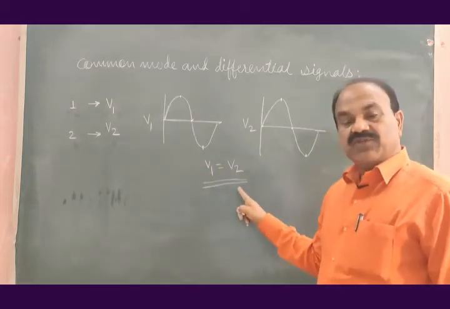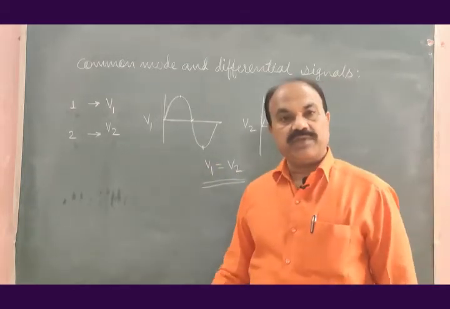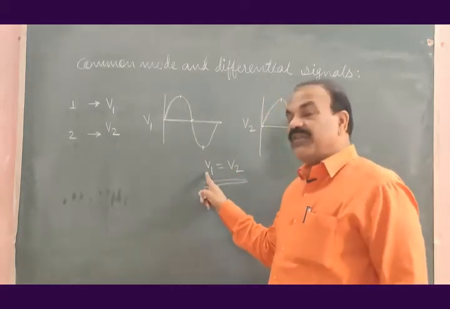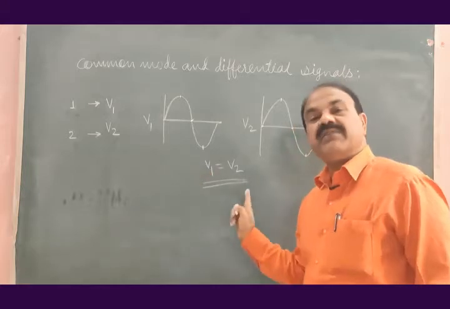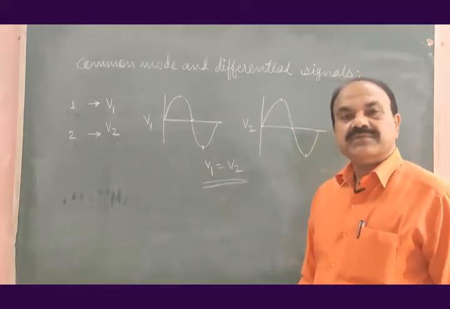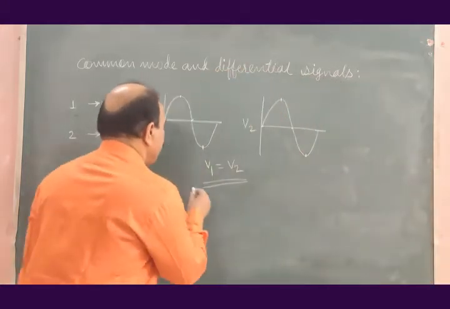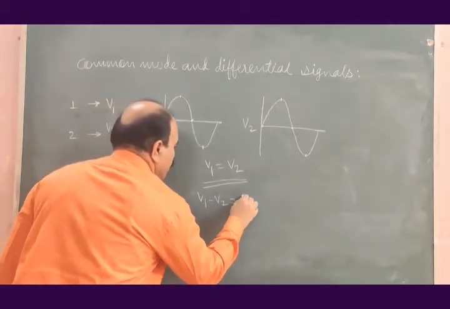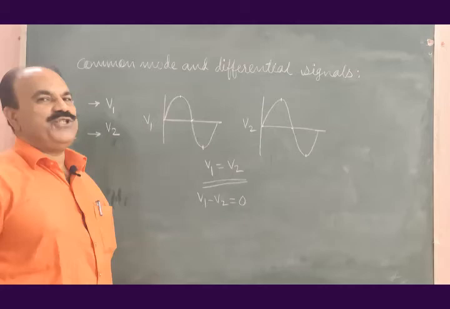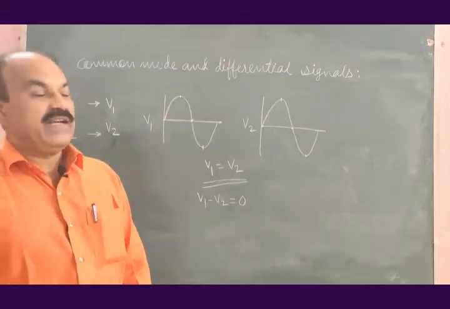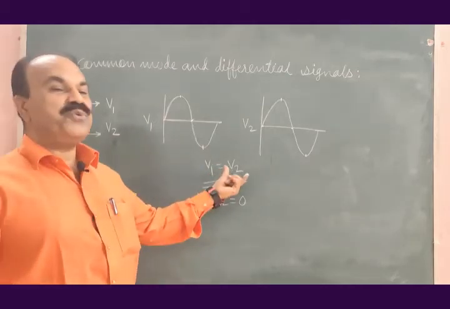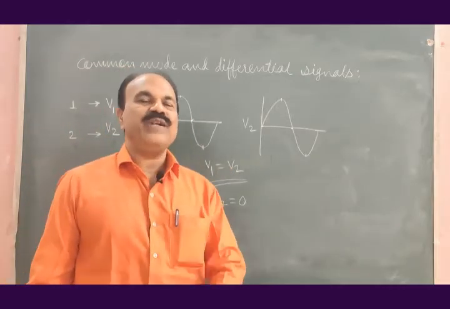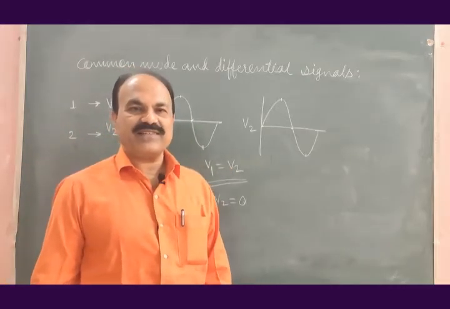If V1 is equal to V2, what will happen to the differential amplifier? What will be V1 minus V2? In this case, V1 minus V2 will be equal to 0. The difference of these two input voltages is 0. What will be the output voltage of the differential amplifier?